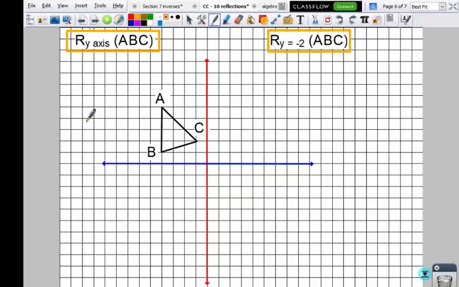Oh, let me do this. It looks right. That's fine. It's y equals negative 2, and it's left and right, so it'd be right here instead. So negative 1, negative 2. This is 1, 2, 3. Oh, so now do it with C.